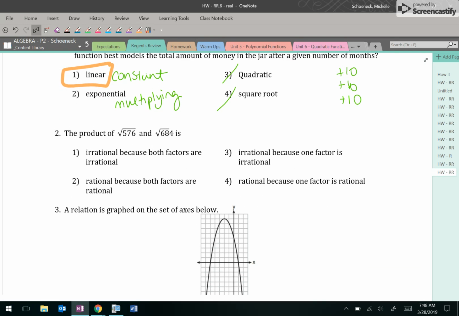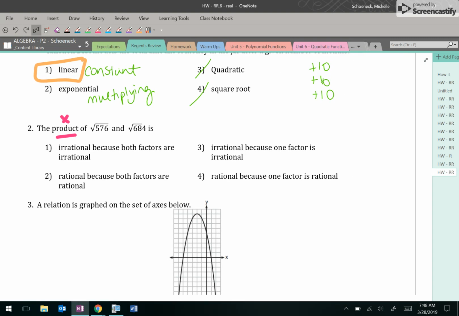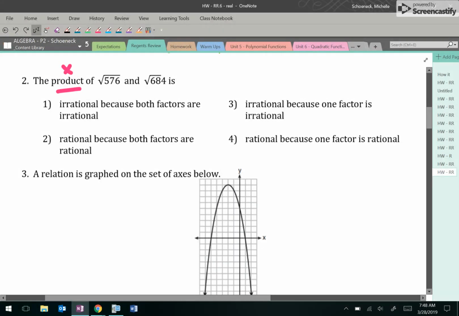Number 2, the product of the square root of 576 and the square root of 684 is, and then rational or irrational. And product, we have to remember, means to multiply. Remember, the difference between rational and irrational is that one can be made into a fraction and one cannot be written as a fraction.